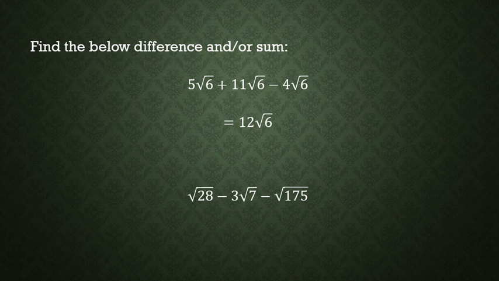And you're going to try to change how these look so that the number inside of our radical is this 7 here. So I know that 28 is 4 times 7. So the square root of 28 is going to be the square root of 4 times the square root of 7.